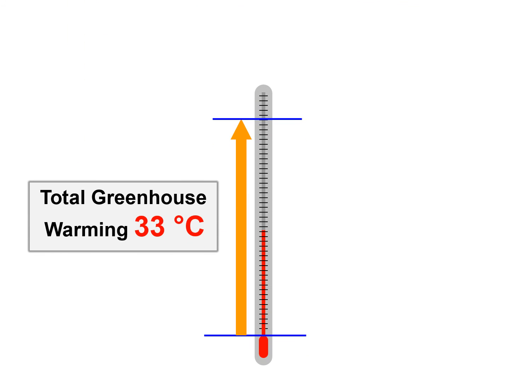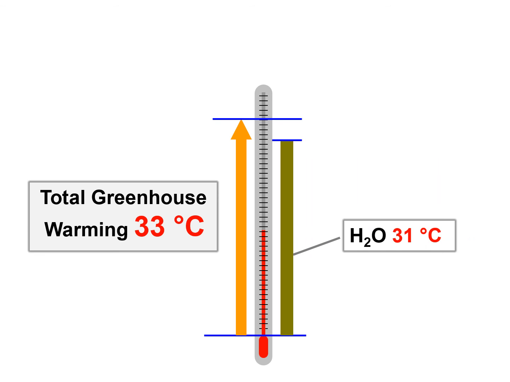Total greenhouse warming is 33 degrees C. What contribution comes from water vapor? How much from CO2? 31 degrees C from water vapor. Greenhouse is not bad. Greenhouse is good for us human beings.